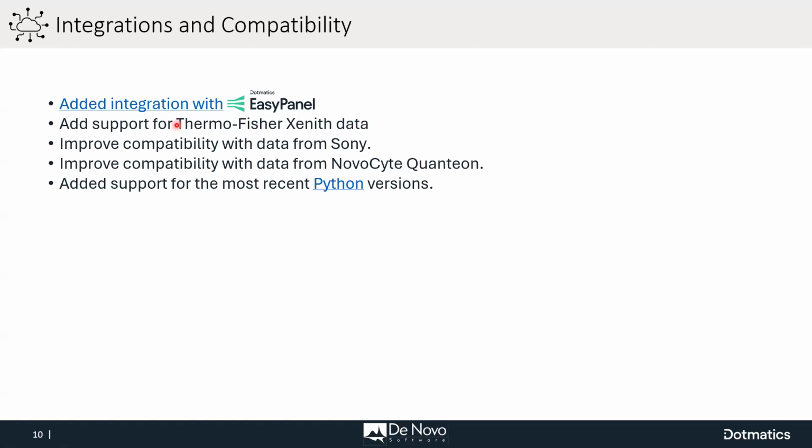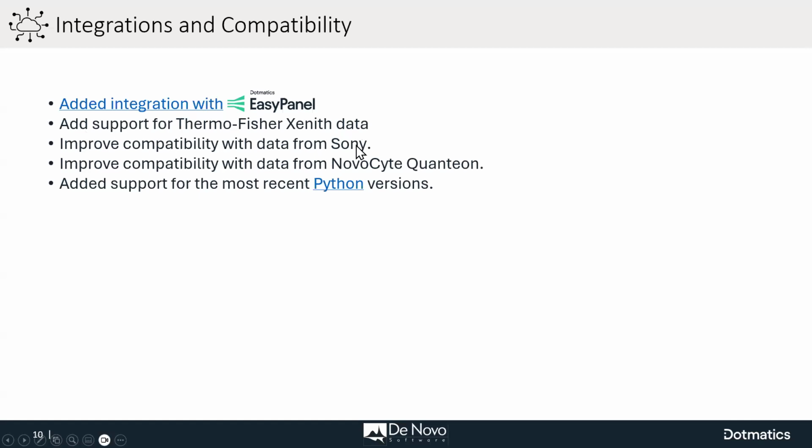We make FCS Express compatible with the Thermo Fisher Zenith data, spectral data. So just bring in spectral data from Zenith and that's it. So you will see conventional plot, you will see spectral plot, the spectrum plot. So absolutely smooth.